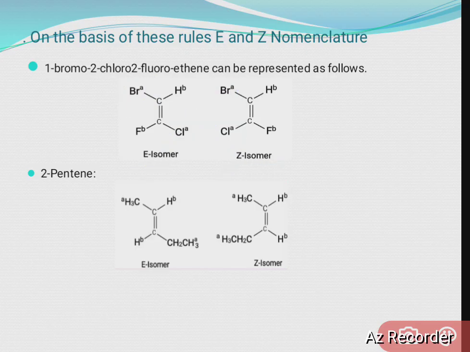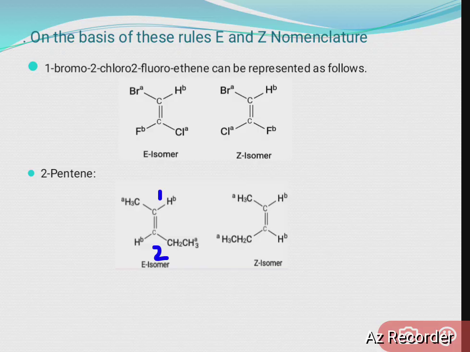Okay, next example is 2-pentene. This is also regarding the same first rule. How are you going to consider here? Here, this is the first carbon atom, this is the second carbon atom.